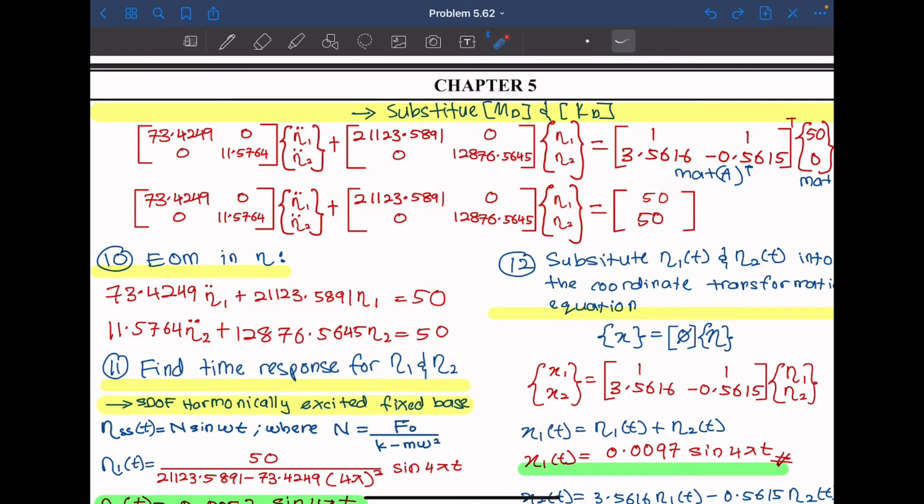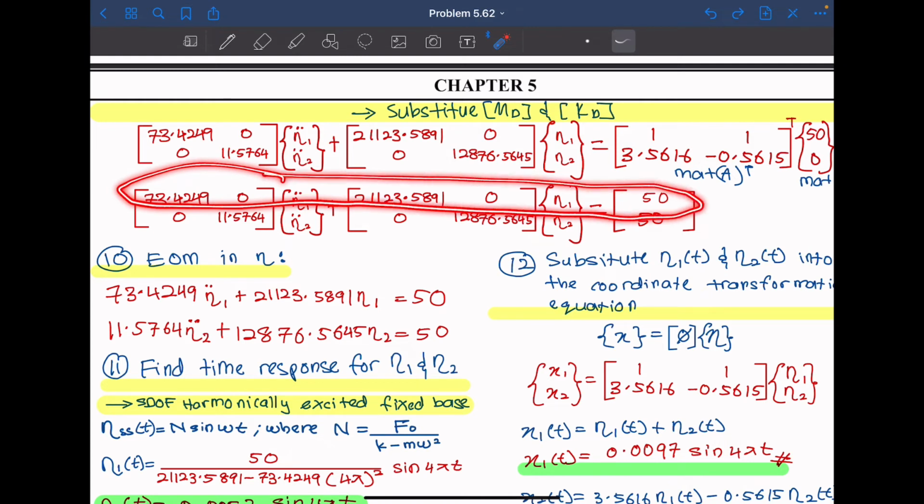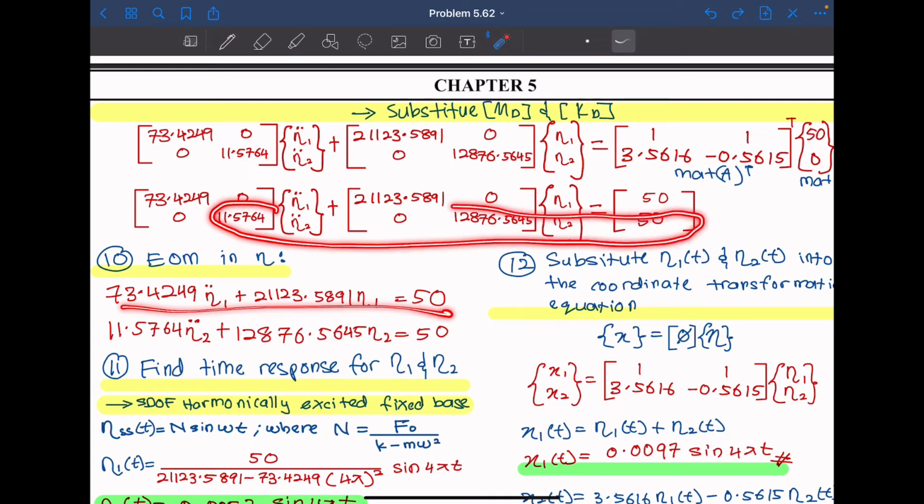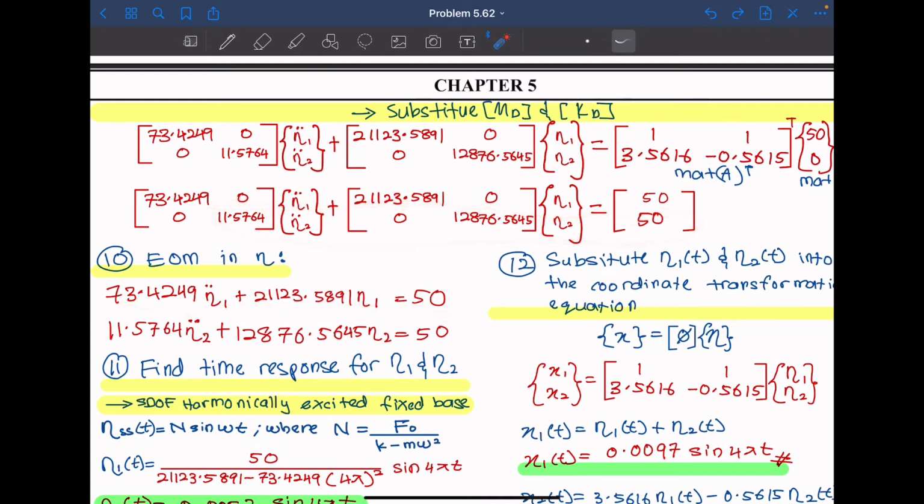That's your first equation. Just take out this part here, you get this. Then take out the second part here, and you get this. This part is easy.